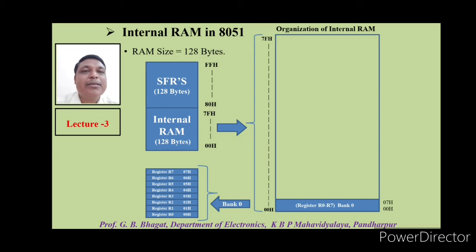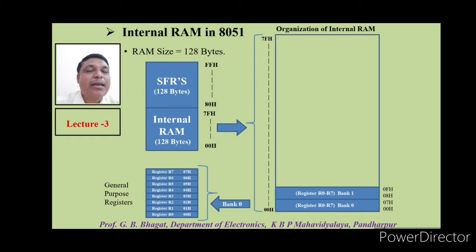These are the 8 registers that are available in one bank, that is bank 0. These registers R0 to R7 are called general purpose registers, which can be used in programs for general applications.